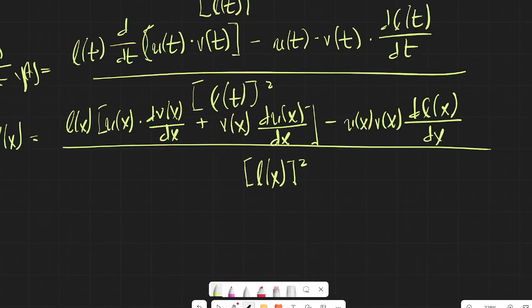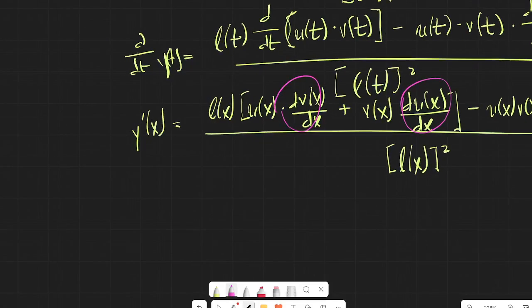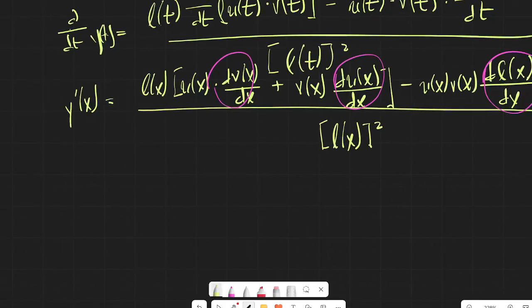So I'm going to have to take the derivative of v with respect to x, the derivative of u with respect to x, the derivative of L with respect to x. And if I do this here, I'm going to write it in a way that I can look at all the information at the same time. So it might seem tedious to do this, but in a second you'll see it kind of is easier on your eyes.